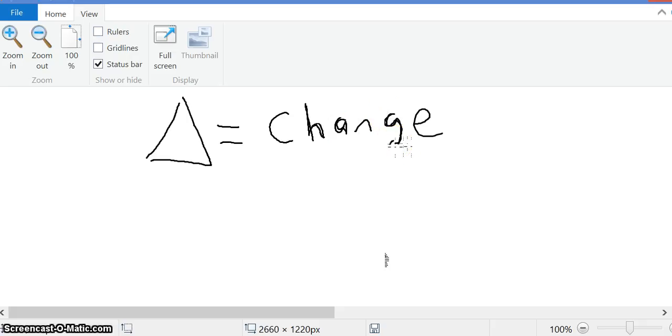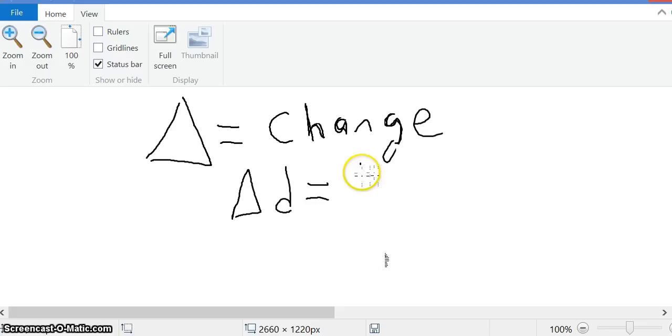So you can have any quantity change, of course. What we were talking about with the general concept of motion is a change in position, so we'll call that, for example, delta d, where d is the distance. And so what change generally means is the final quantity minus the initial quantity.